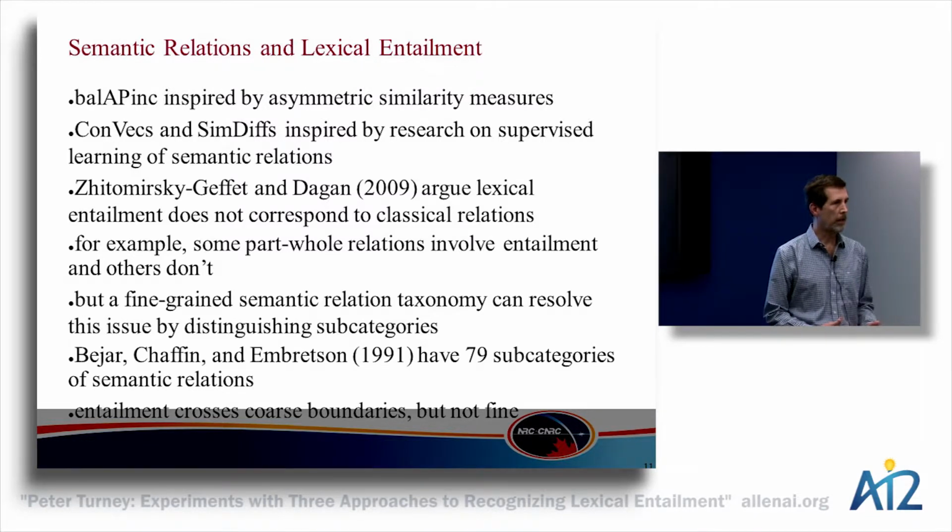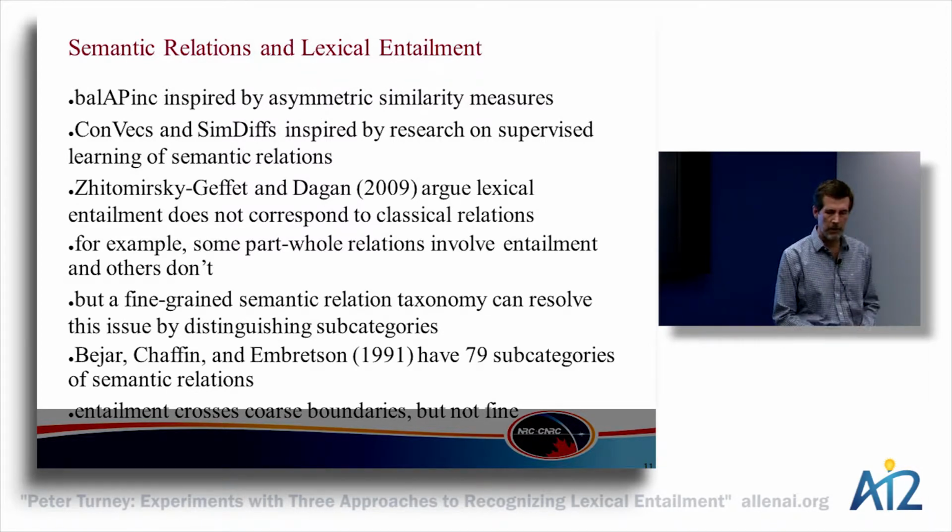Sometimes a part-whole relation involves entailment and sometimes it doesn't. And they argue, therefore, you can't treat the problem of entailment as a problem of classical relations. But a simple way to solve that problem is to use a more fine-grained classification of relations. So you have subtypes of the part-whole relation, and some of those subtypes entail and some don't. By moving to a very fine-grained taxonomy of relations, you can address the objection of Zitomirsky, Geffet, and Dagan.